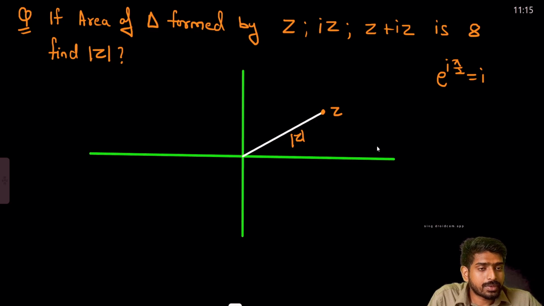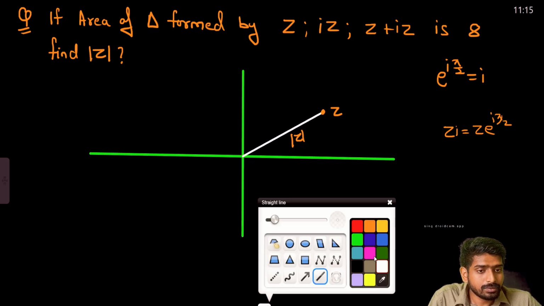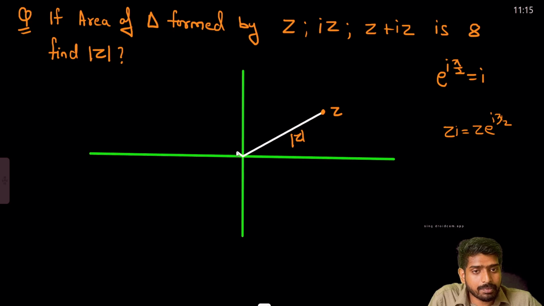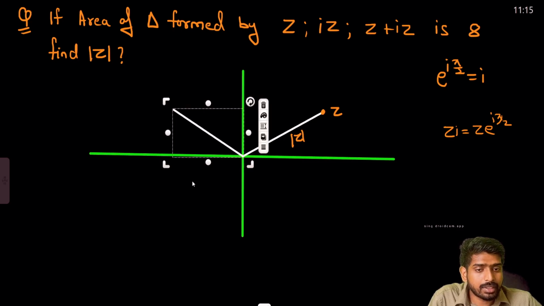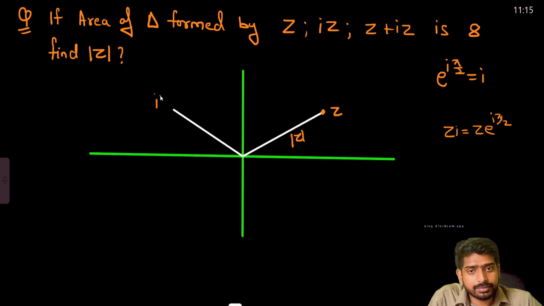That means we'll get iz by rotating this complex number z by 90 degrees. So if you rotate this complex number z by 90 degrees, I'll get a complex number. This complex number is iz.